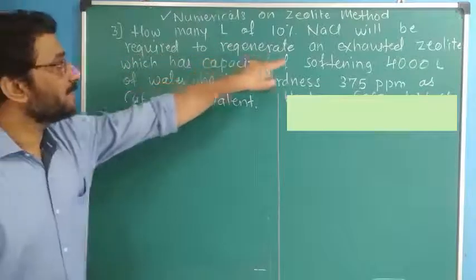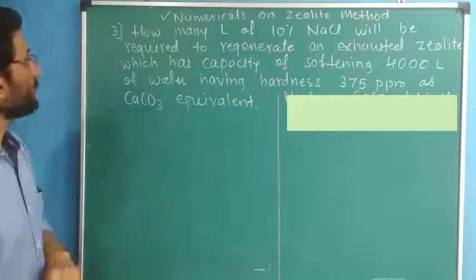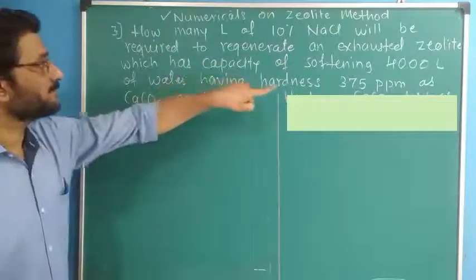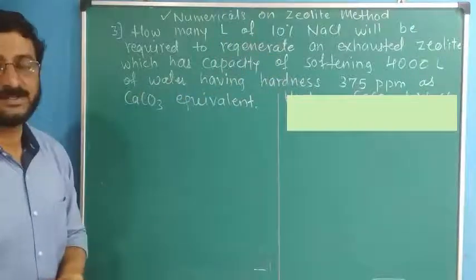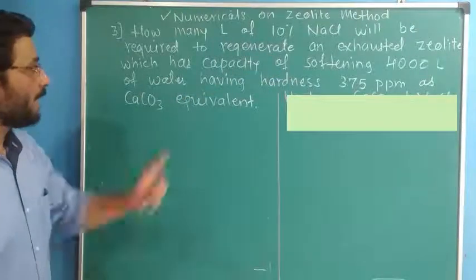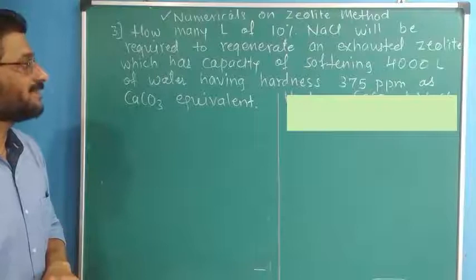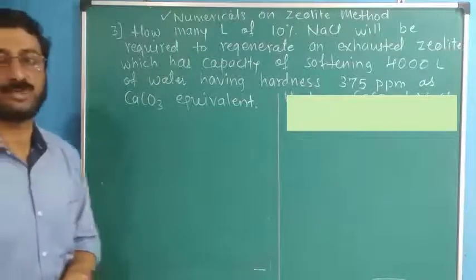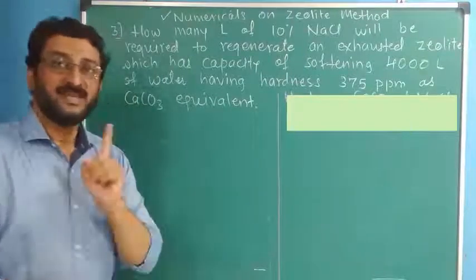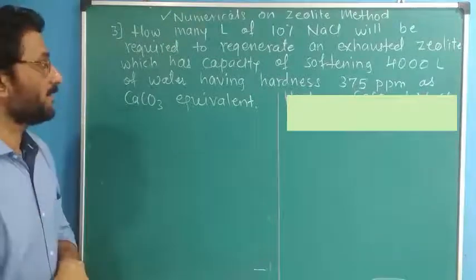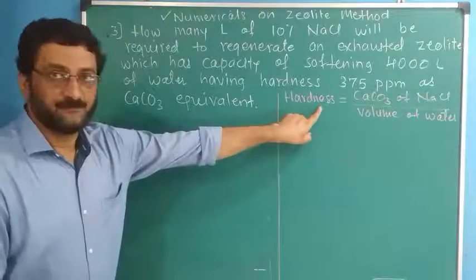Required to regenerate exhausted zeolite which has capacity of softening 4000 liters of water, having hardness 375 ppm as CaCO3 equivalent. Means NaCl is asked to find out. I have already mentioned the formula.